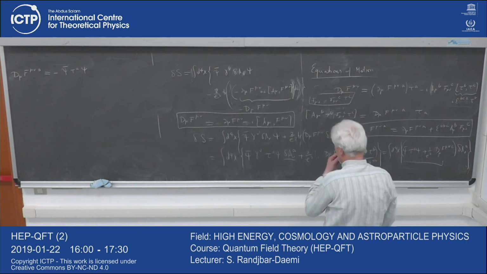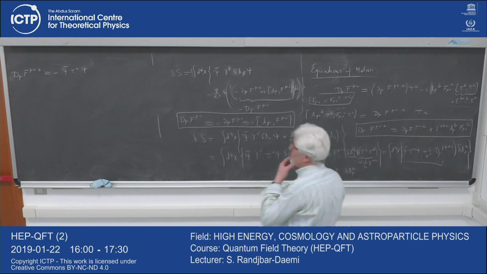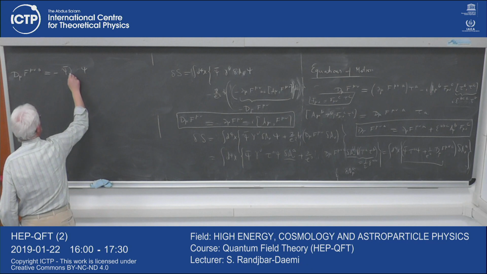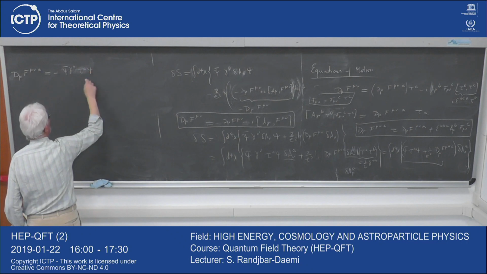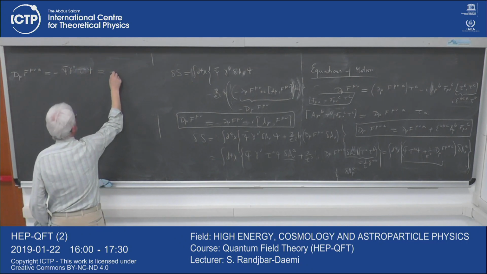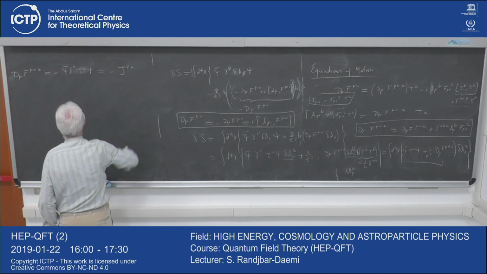Did I miss a gamma? Gamma nu missing in the first. Oh, yes, thank you. Otherwise, the indices wouldn't match. Which we are going to call plus or minus J nu a.